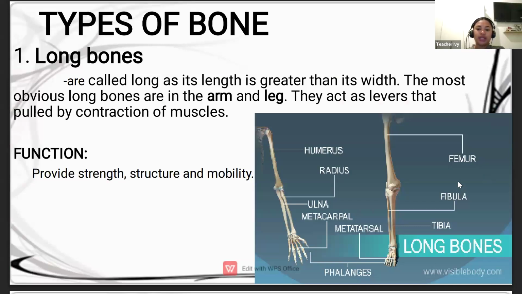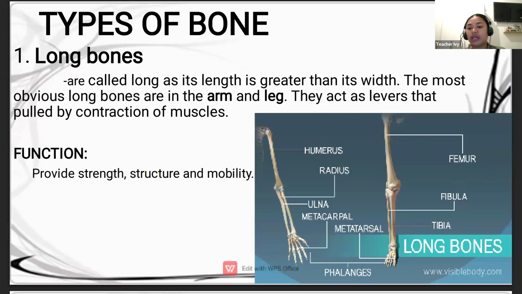As you can see, the first type of bone that we are going to dig deeper into is the long bone. They are called long as their length is greater than their width. The most obvious long bones are in the arm and leg. They act as levers that are pulled by the contraction of muscles.